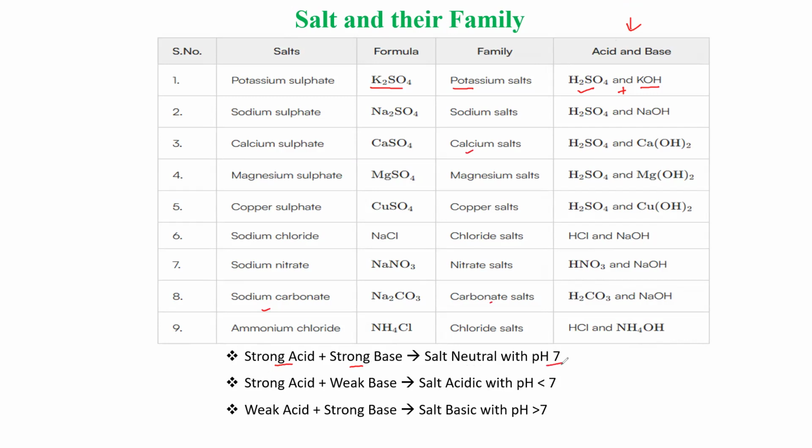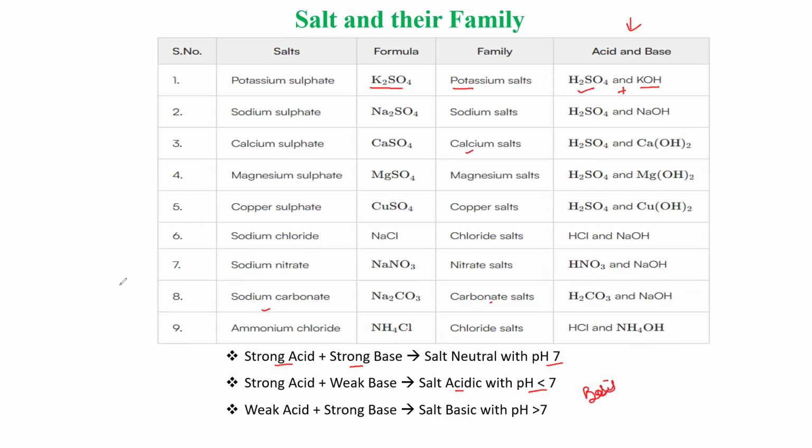Neutral salt means the pH value is 7. When a strong acid reacts with a weak base, it produces a salt that is acidic in nature, so the pH is less than 7. And when a weak acid reacts with a strong base, the salt will be basic in nature. Basic in nature means the pH value will be more than 7.